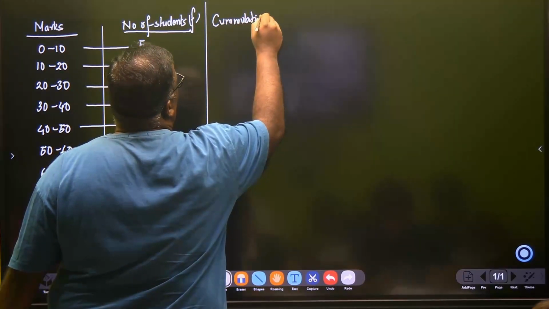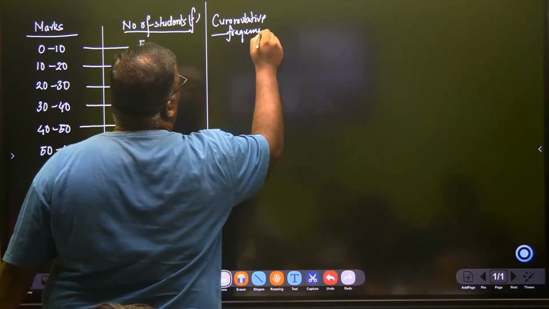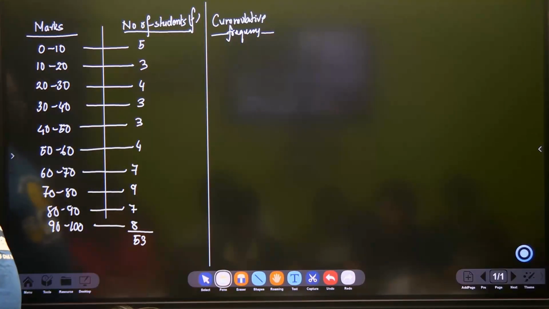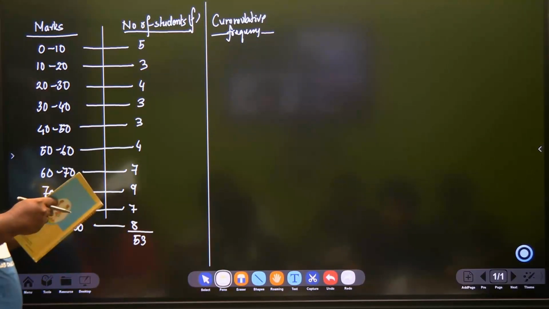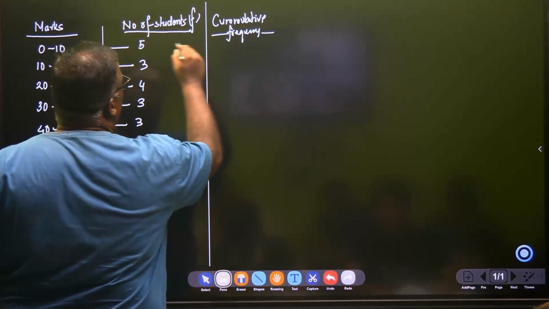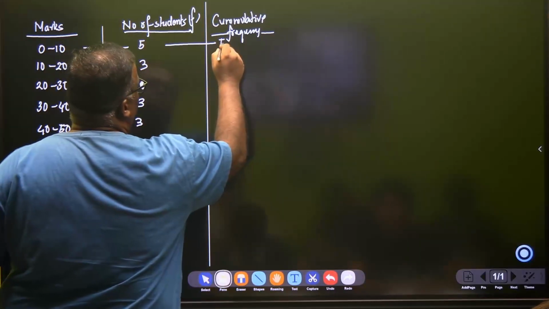Cumulative frequency means it's like if a fine is levied on your car, and the question is what is the cumulative fine? If there were any previous fines, they will be added to it. So in cumulative frequency, your final data will always match with this sum. The first data would obviously be 5.